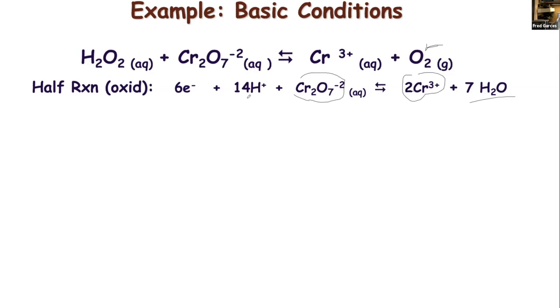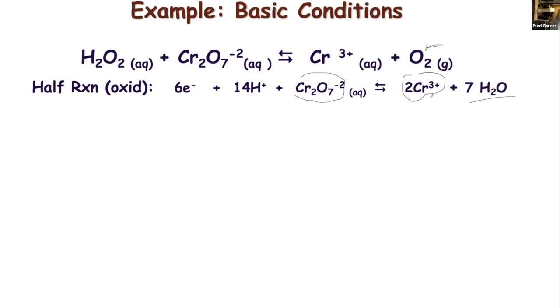Again, the steps are non-hydrogen and oxygen elements first, oxygen by water, hydrogen by H plus. Once we have our H plus here, we double check and make sure all our elements are balanced. Then we look at the charge. We got a positive 14 here, we got a -2 here. So this side is positive 12. This side is positive 6.